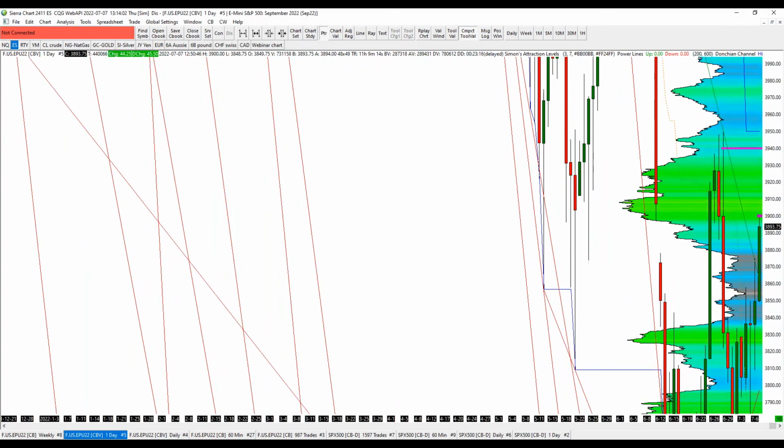All right. So there's a zone. You see this green, and it's a belly here. This is a zone. You see it. There's a zone right here that is a continuation zone.